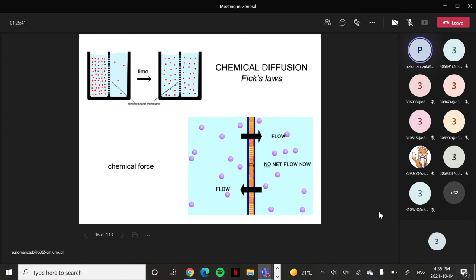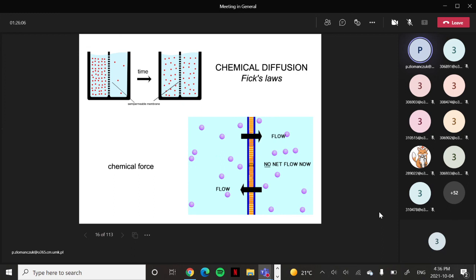The second rule we should remember is the second Fick's law, which says that the strength of this chemical force depends on how large the gradient is between the two environments we are analyzing.